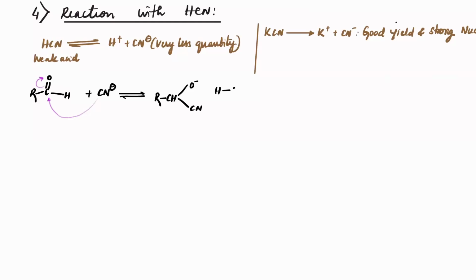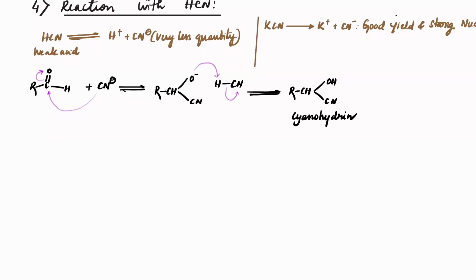And this is reacting further. So O minus will easily take H plus and push away CN minus. So that's how it will convert into R, CH, OH and cyanide. So this is called cyanohydrin. So what you will notice is cyanohydrin formation everywhere.